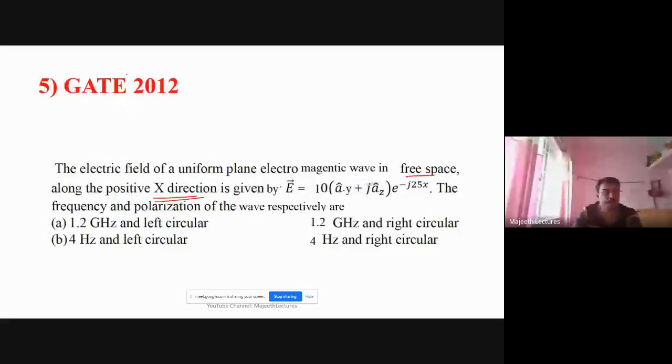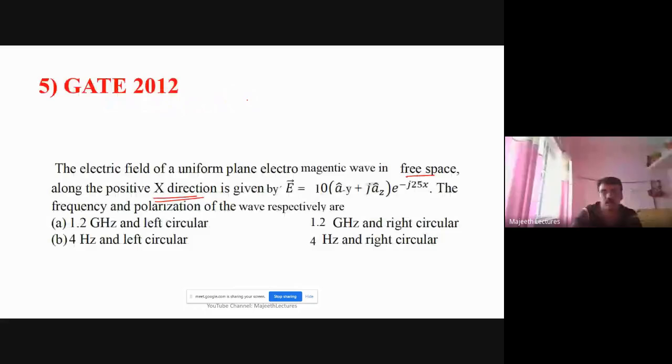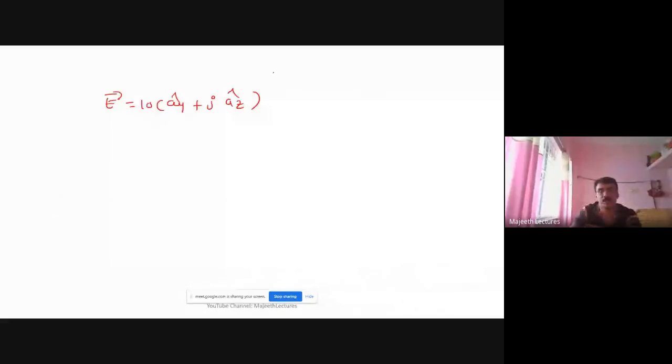First I write it. E is equal to 10 (ay plus j az) e power minus j 25.